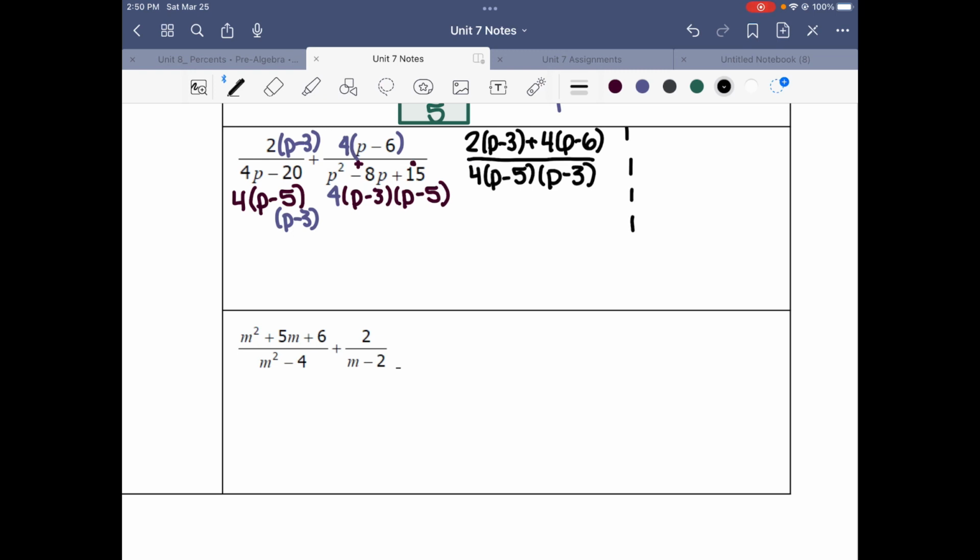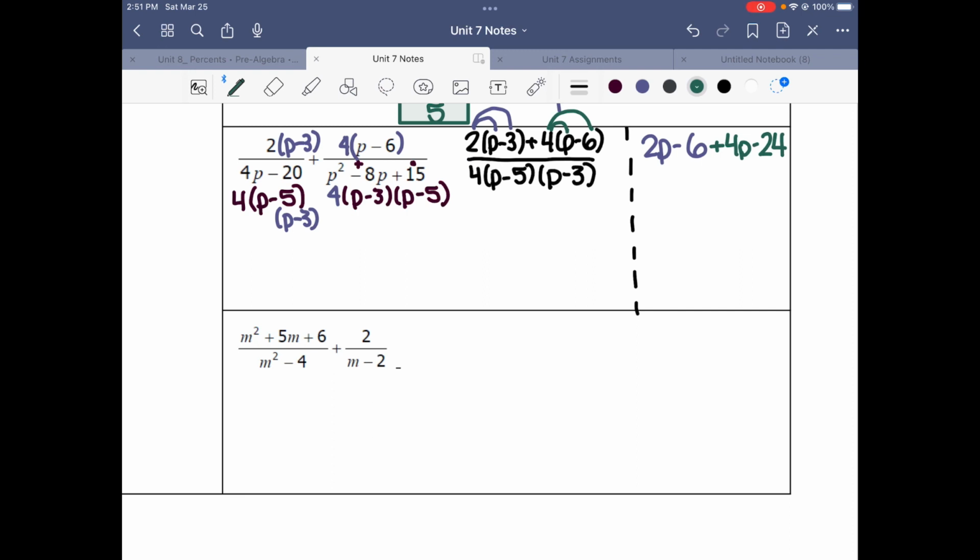And I'm going to go ahead and simplify that over here on the right side. You can just work with the top part if you need to for a minute. Just don't forget that the denominator still has to be there. So I have to multiply out the parentheses or I can't see what to add together. So this is going to be 2p minus 2 times 3 is 6. And 4p and 4 times negative 6 is negative 24.